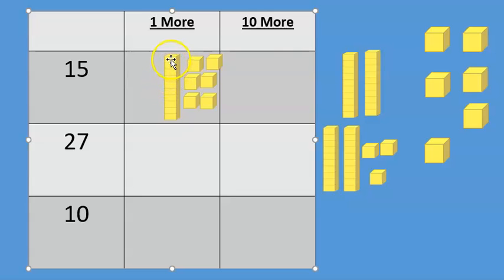Let's count together. 10, 11, 12, 13, 14, 15, 16. So first grader, your answer here is going to be 16 now. Look, that is true. 15 and 1 more, that's going to give you 16 because look, 10, 11, 12, 13, 14, 15, 16. Okay, now, first graders, did you see that?